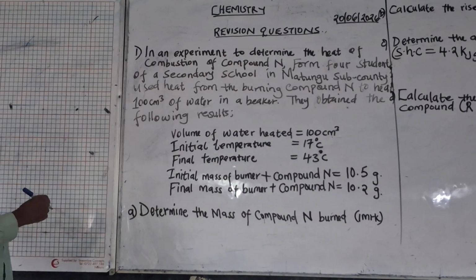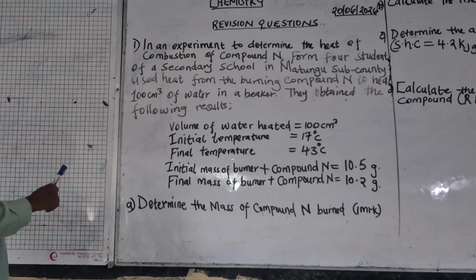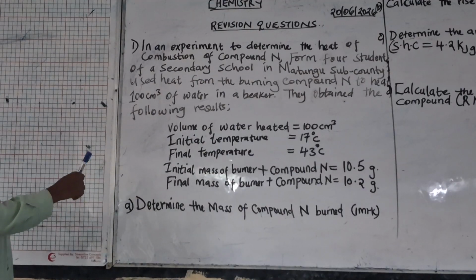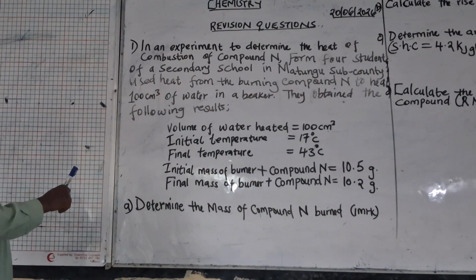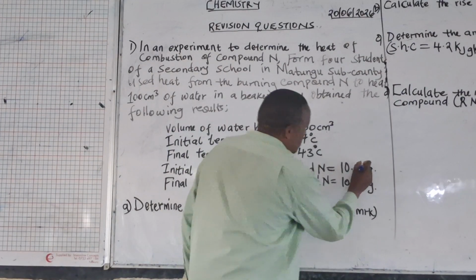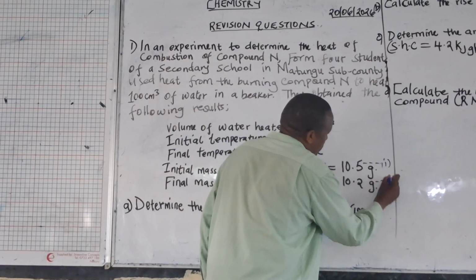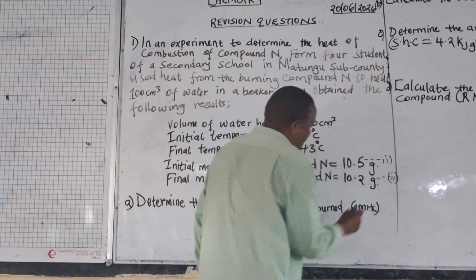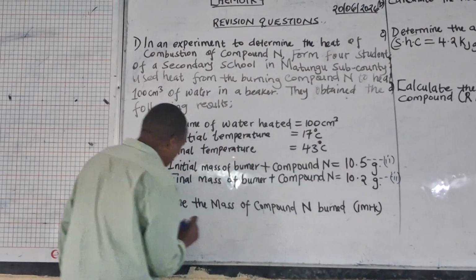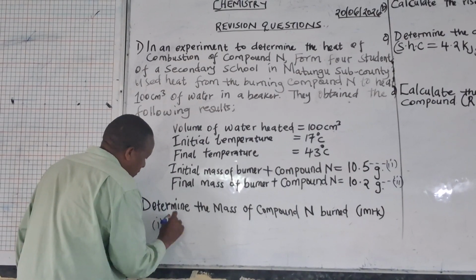Now, the mass of the compound N burned will be from the initial mass of burner plus compound N and the final mass of burner plus compound N. So if we take this to be Roman 1 and this one to be Roman 2, then to get the answer, we'll say Roman 1 less Roman 2.